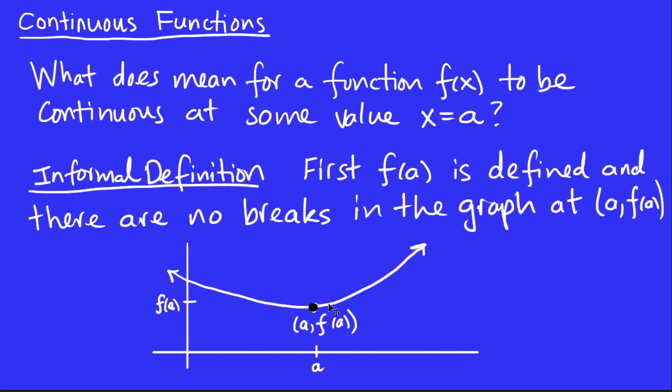Well, there would be a little hole there, right? If f of a was not defined, it would look something like this. There'd be like an open hole there. But in the original graph I drew, it was solid. So that means that the function is defined there. And are there any breaks in the graph? No, there's not. It's nice. There's no jumps or anything like that.